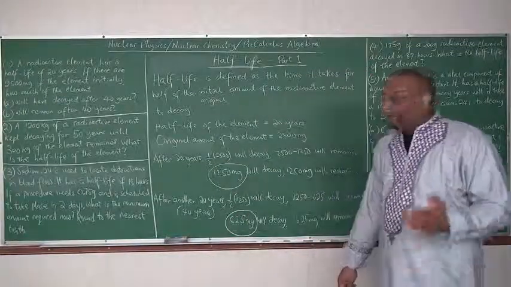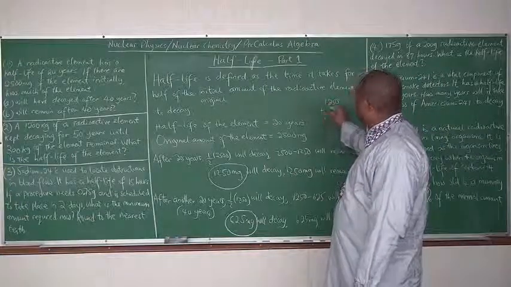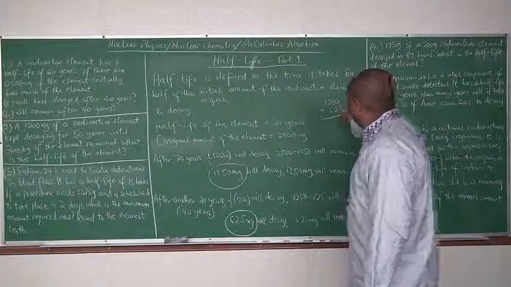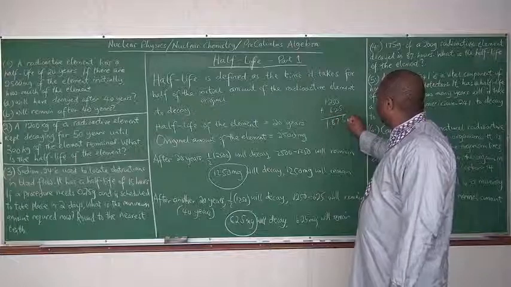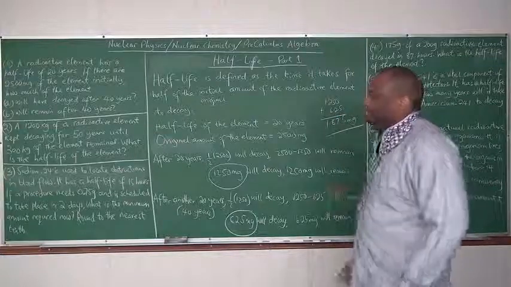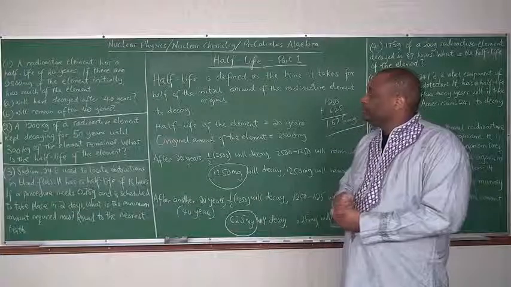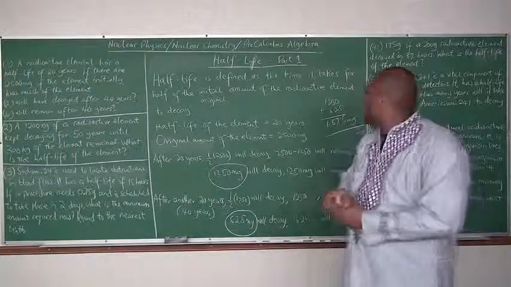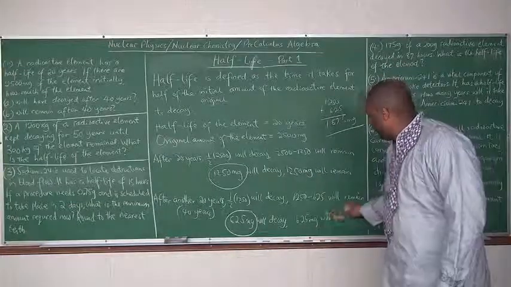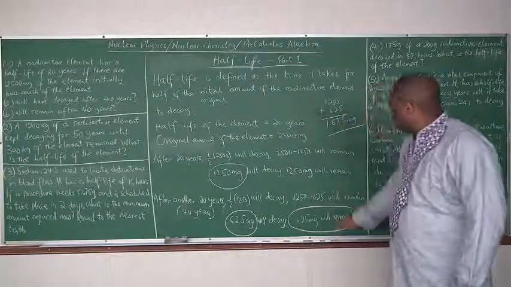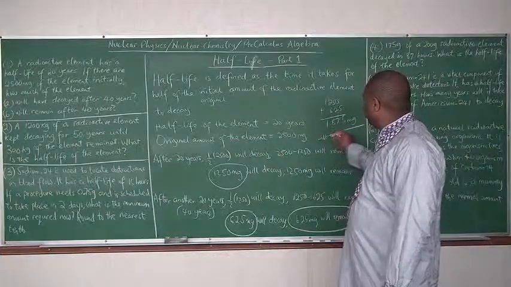It will be 1250 plus 625, which gives us what? 5, 7, 8. 1875 milligram will have decayed after 40 years. And then how many will remain after 40 years? 625 milligram will remain. 1875 milligram will have decayed.